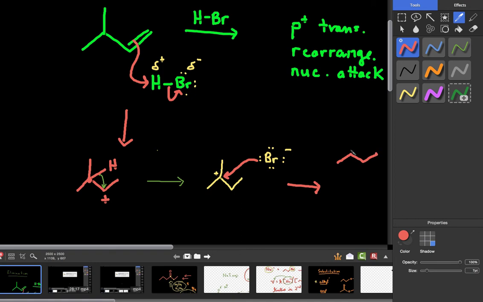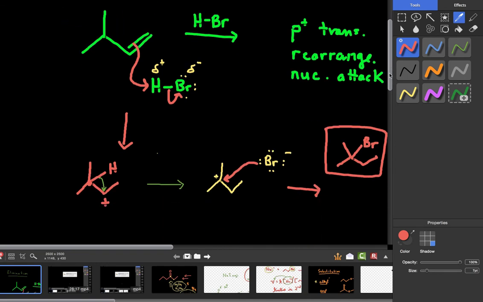Of course, there is no relevant stereochemistry because we don't have a chiral center. So I can draw the major product as 2-bromo-2-methylbutane. That's the addition reaction.